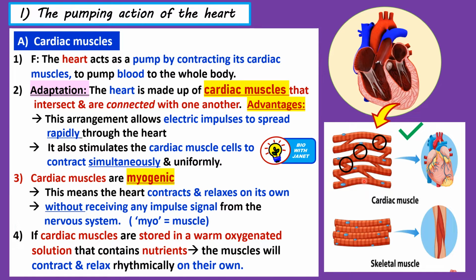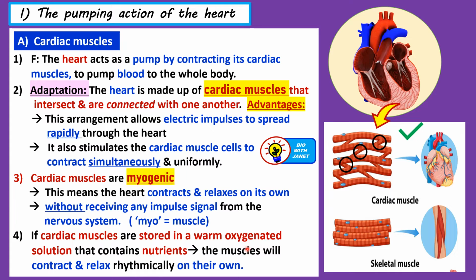But for cardiac muscles, they do not need to receive any impulse from the nervous system, because within the heart there is specialized cardiac muscle tissue called the sinoatrial node, which can generate its own impulse for the heart to contract. Okay, so that's why cardiac muscles are myogenic. The heart can contract and relax on its own without receiving any impulse signal from the nervous system.